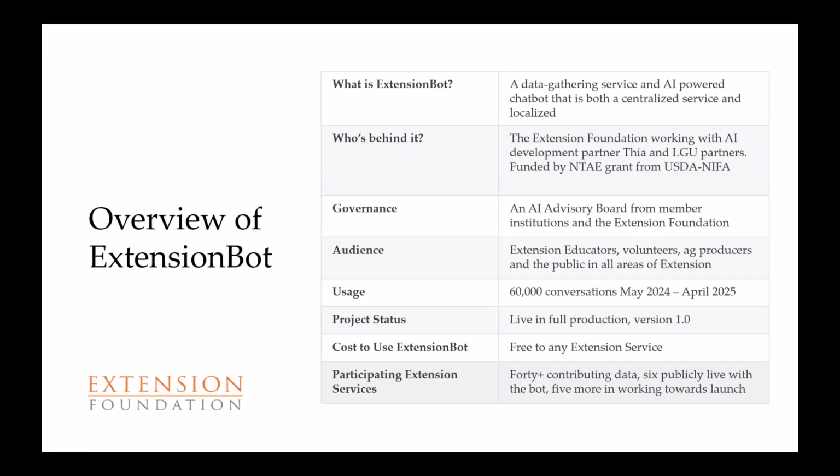And then every month we meet in an AI advisory board meeting, and we discuss the progress. Usage so far is 60,000 conversations from May 2024 to April 2025, and it's free to use.